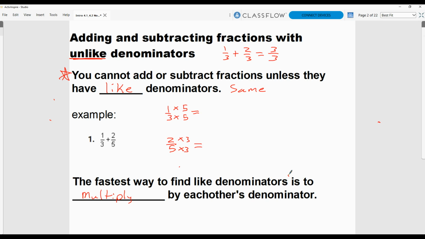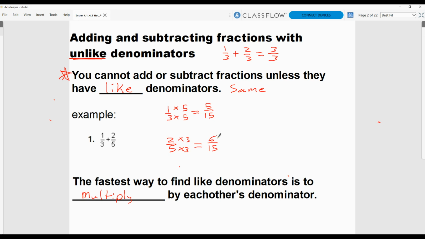We're going to get two new fractions. 1 times 5 is 5, and 3 times 5 is 15. Then down here, 2 times 3 is 6, and 5 times 3 is 15, so we get 6 over 15. So we made two new fractions, and check out what we have.